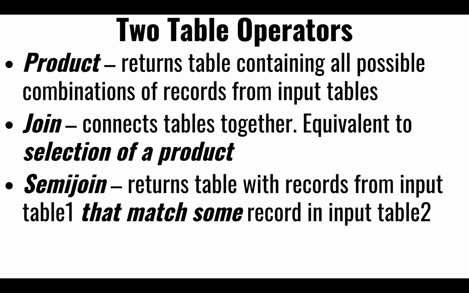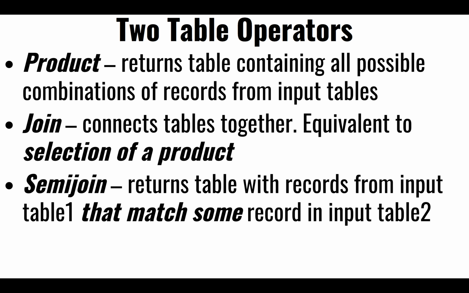Then join is a combination of both. The product allows us to say, here are all the possible combinations, and then you come and say, well, I don't really care about all the combinations. I'm looking for certain subsets of all those possible combinations. Some combinations might make sense, some might not, depending on the question you're asking.